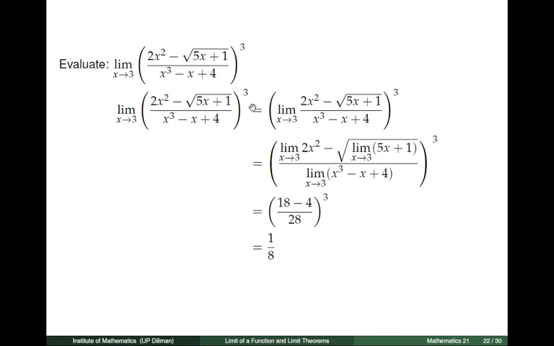Now note that in this computation, we've used several results from the two theorems and the theorem that we have discussed just previously.